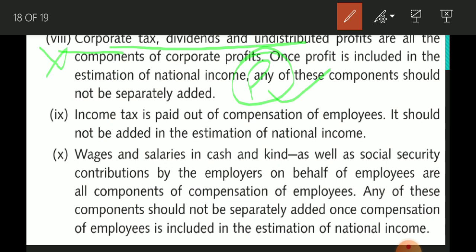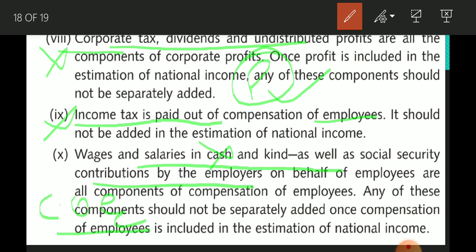Now income tax paid by employees is also not included in calculation of NI. Why? Because it is paid from their income. Okay, now next, wages and salary in cash and kind and social security contribution by employers are not included if in the question COE is given. Why?